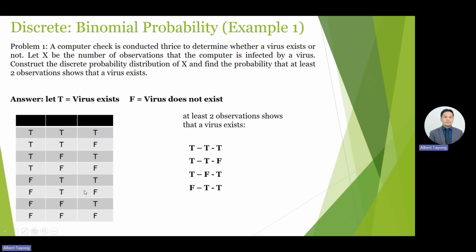And there are no other possibilities where we have at least 2 observations showing that the virus exists. So we have 4 possibilities, and there are 8 total possibilities: 1, 2, 3, 4, 5, 6, 7, 8. 4 over 8 is equal to 0.5 or 50%.